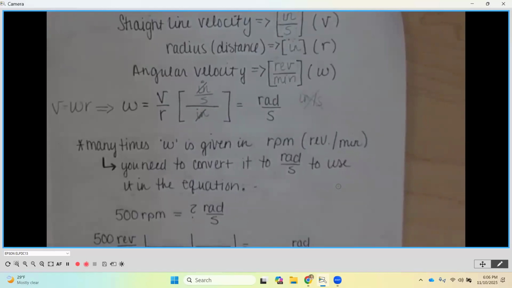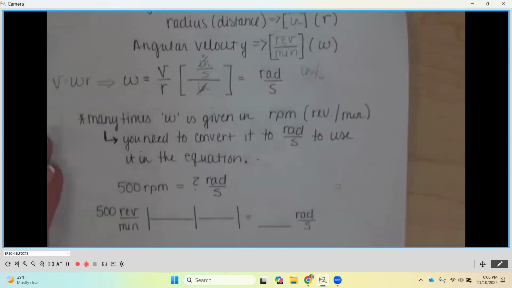Also, when you report out, if I have a problem that asks, what is the angular velocity of blah, blah, blah, you're not leaving it in radians per second. You're always going to convert it to RPMs. That's the practice we do down here.